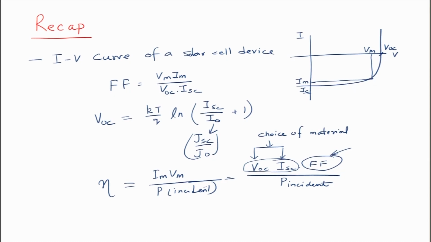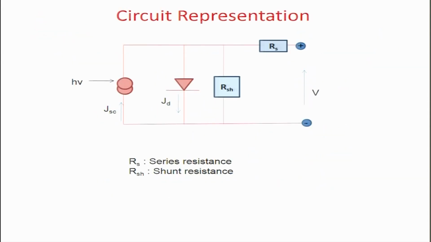Now, what leads to maximization of these parameters in these devices? Let us see that. Solar cells are often represented by an electrical circuit. An ideal solar cell would be one where there is no parasitic resistance, drawn something like this.